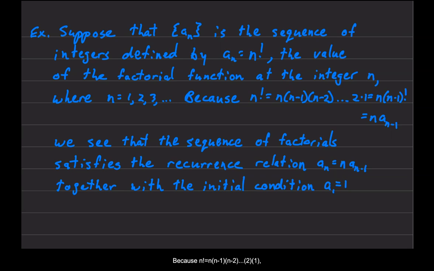Because n factorial is equal to n times n minus 1 times n minus 2, and so on, down to 2 times 1, that simplifies to n times n minus 1 factorial, which simplifies to n times an minus 1. We see that the sequence of factorials satisfies the recurrence relation an equals n times an minus 1, together with the initial condition a1 equals 1.